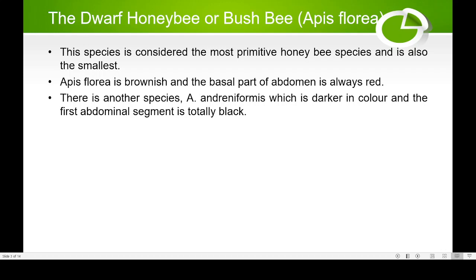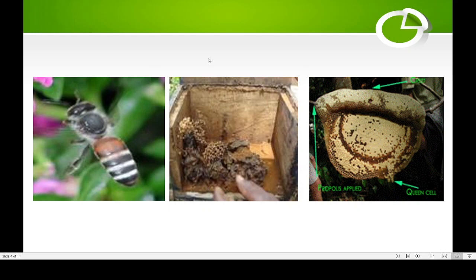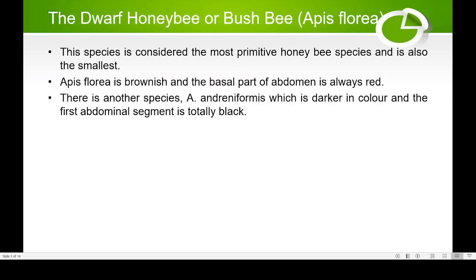Coming to the identification of Apis florea, here you can find it is brownish. This is the Apis florea. On the abdomen you can find three white markings. The abdomen is brownish and there are three white bands. The basal part of the abdomen is also red.